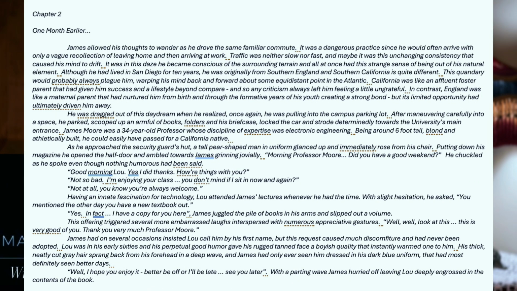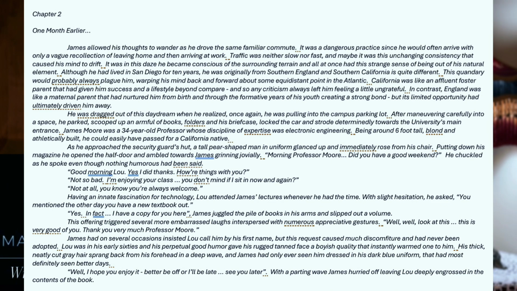So let's break chapter 2, our example here, into 3 parts and switch on to read through this as a writer. 1 month earlier, James allowed his thoughts to wander as he drove the same familiar commute. It was a dangerous practice since he would often arrive with only a vague recollection of leaving home and then arriving at work.